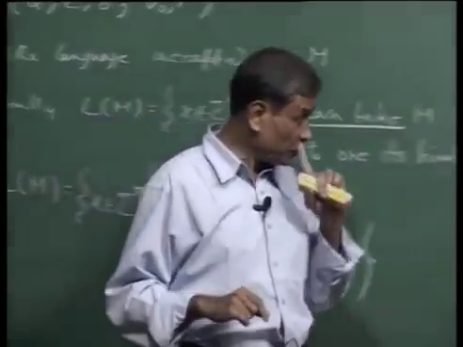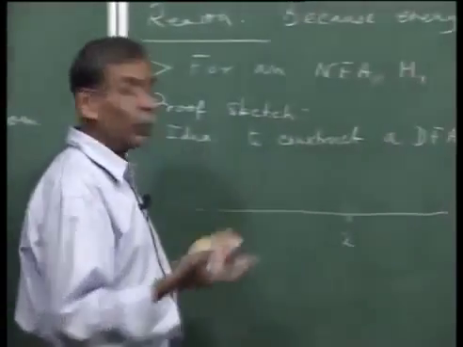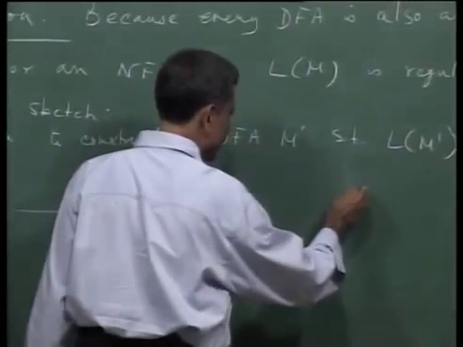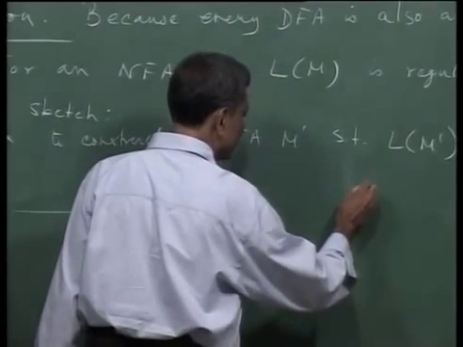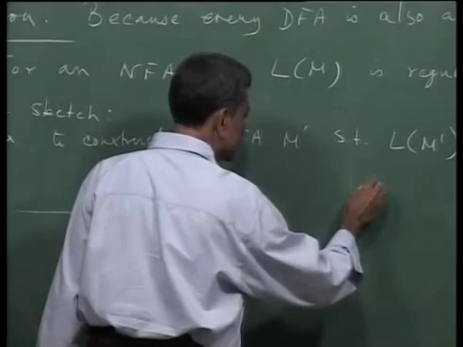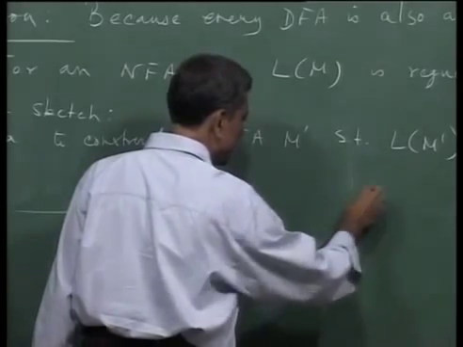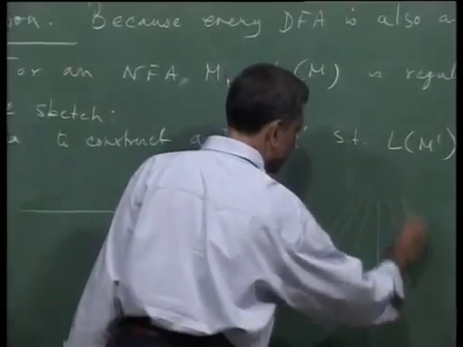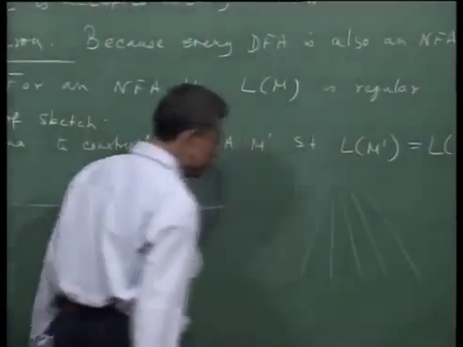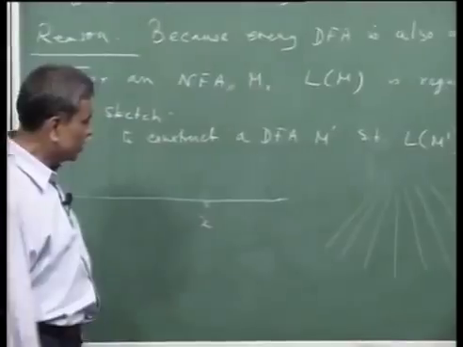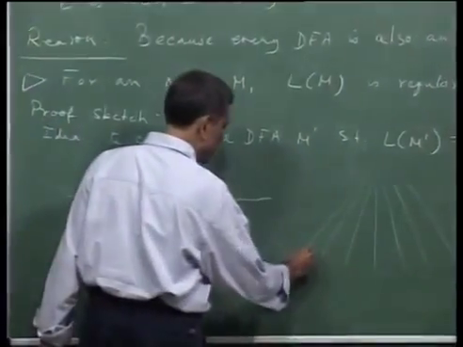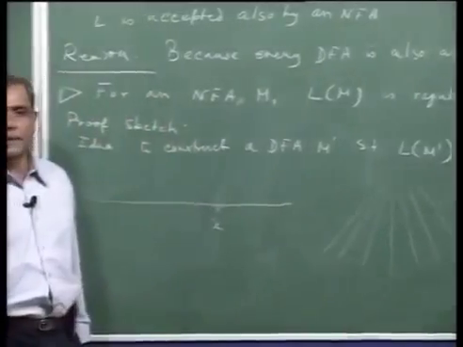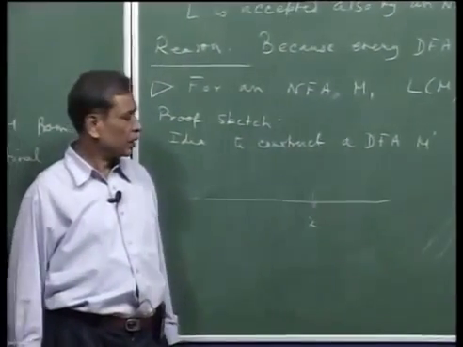Now, let me tell you an idea which won't work. Can we do this? We know that on a string X, there are many possible computation paths. So, one idea would be to let the DFA keep track of all these paths.